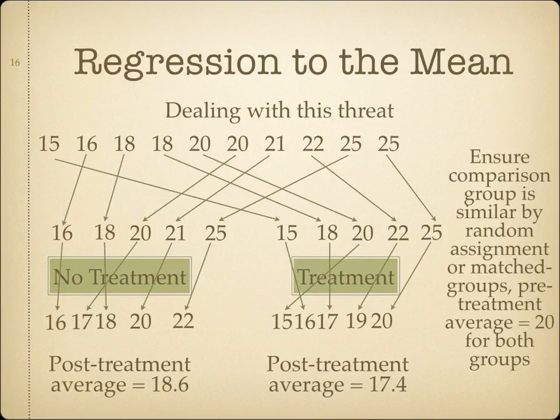Now, I'm not doing statistical analysis on this, but if we were to take these numbers at face value, post-treatment, those receiving treatment are at 17.4, lower on the fear scale than those not receiving treatment, 18.6. Therefore, we might make a reasonable conjecture that our treatment has a beneficial effect over and beyond the regression to the mean concern that we have.